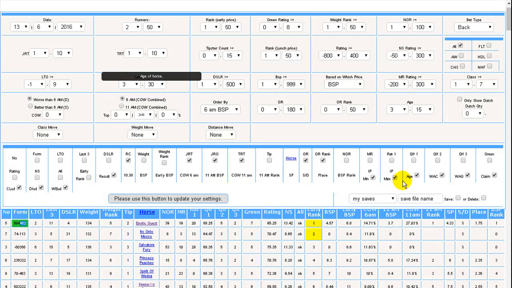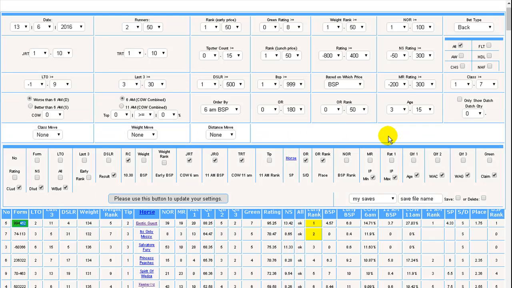But there's also IP minimum and maximum, age, one at class, one at similar going, claiming, and again class up and down, distance up and down, and weight up and down, as well as jockey runs. The jockey runs order, so how many runs it's had through the day, maybe getting worn out during the day, I don't know, trainer runs, that kind of thing.